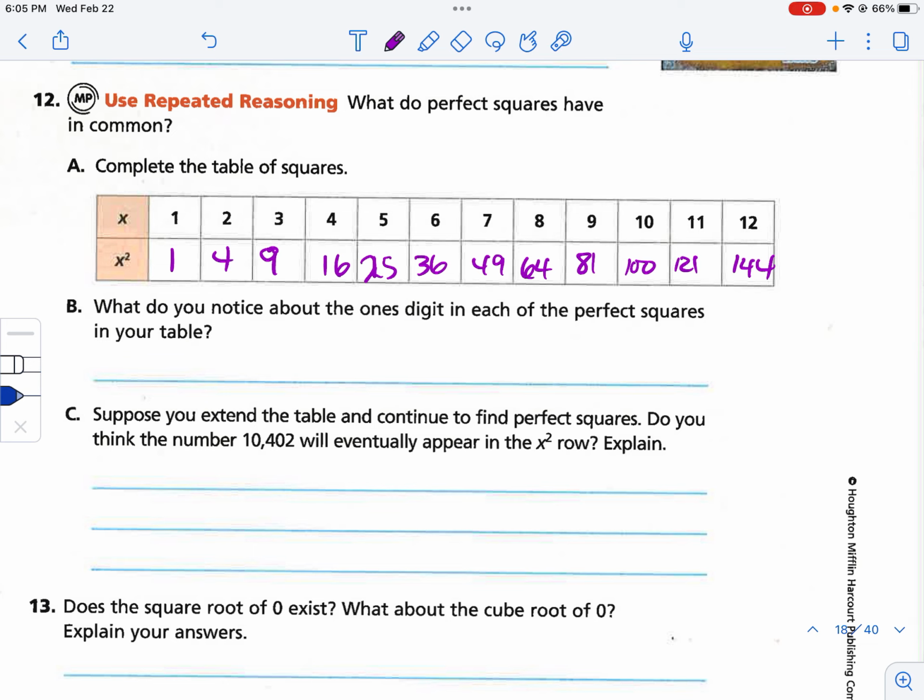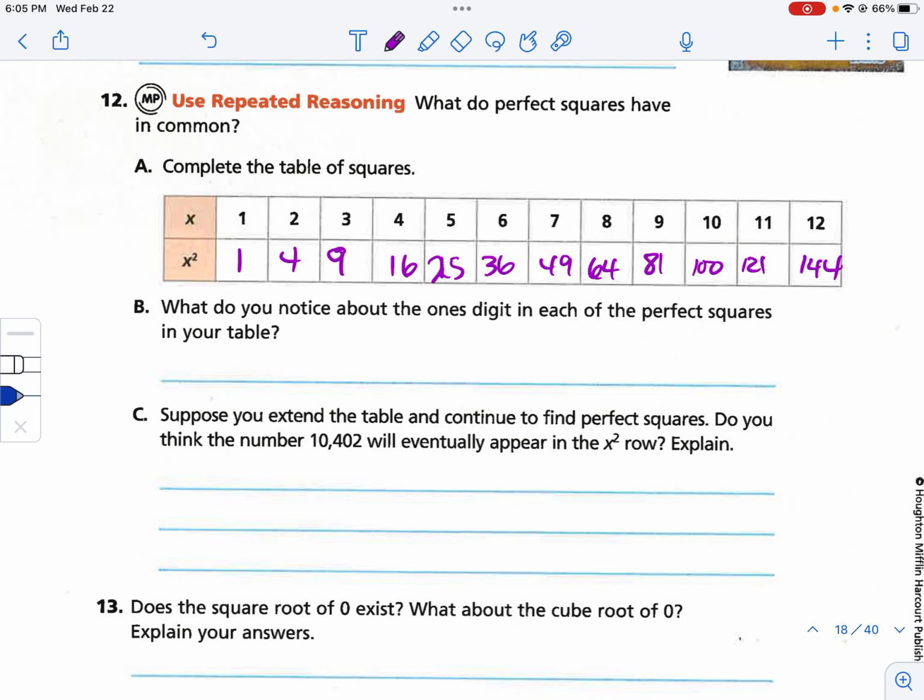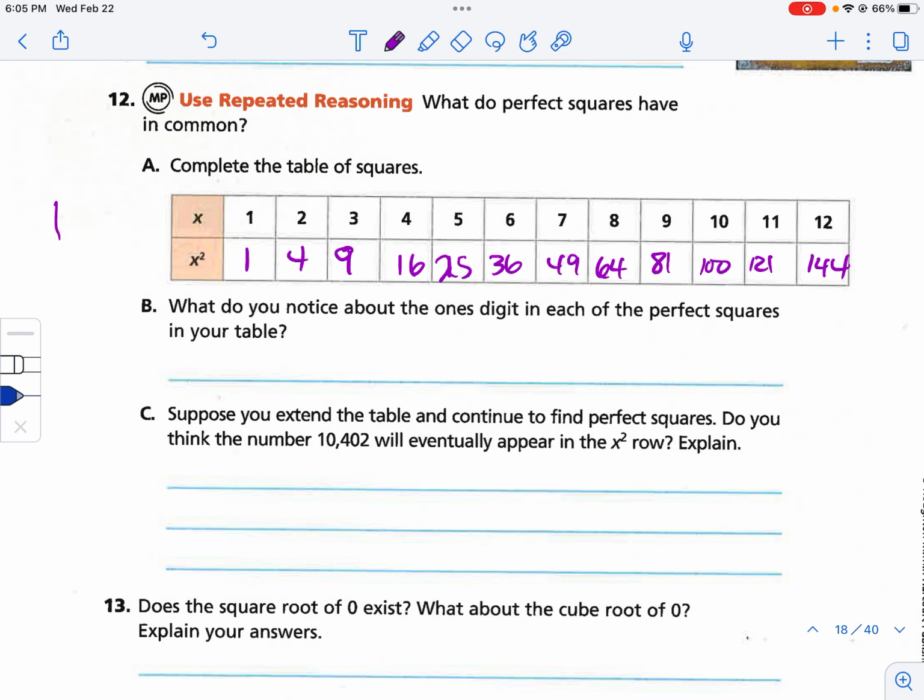I don't actually know. That's a very good question. One, 4, 9. 1. There's no 2. No, there's no 3. There's a 4. There's a 5. There's a 6. There's no 7.